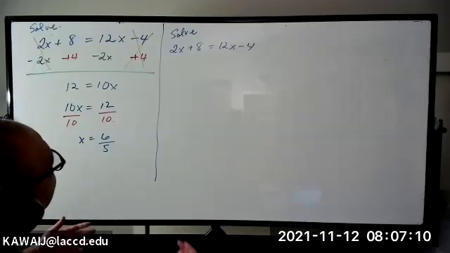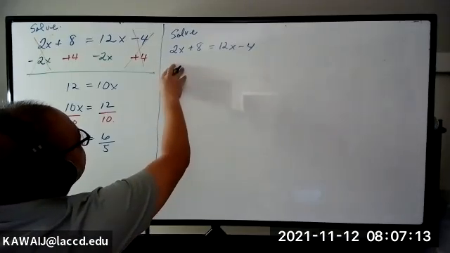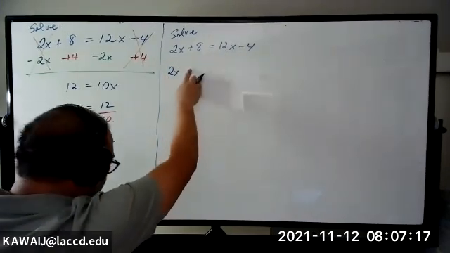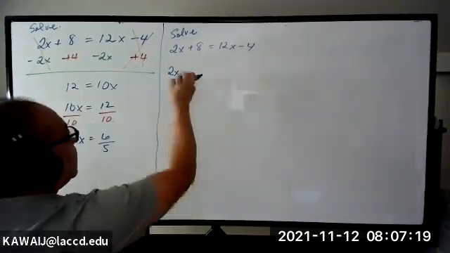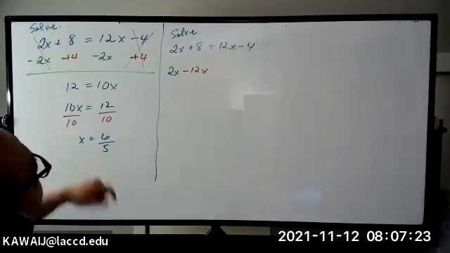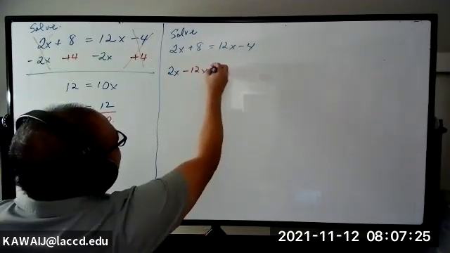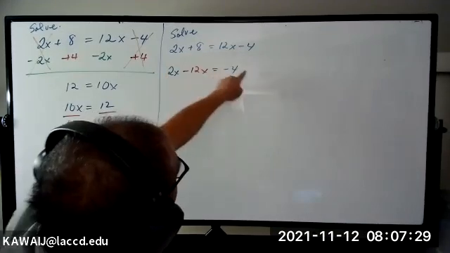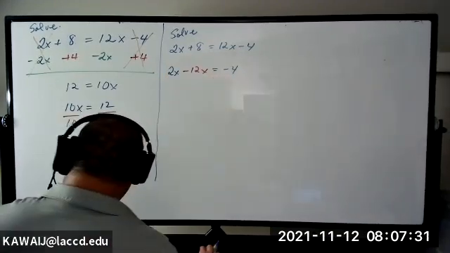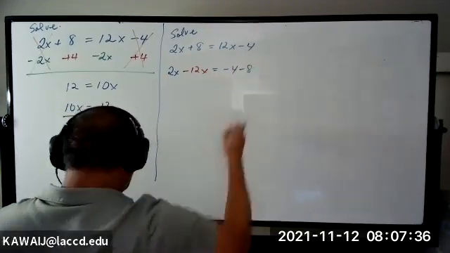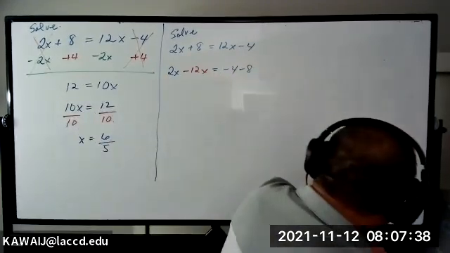What they were taught oftentimes is bring all the x's to the left, and when I bring this to the other side, I use the opposite sign. And then over here, I have the -4 left over, and when I bring the 8 over to that side, again, I use the opposite sign. Now you'll get the same answer.